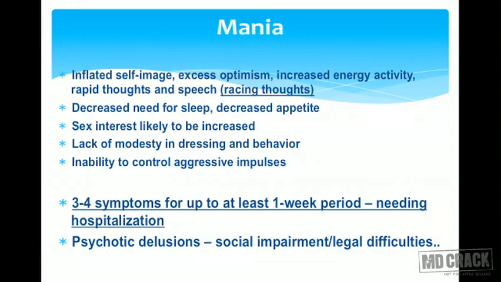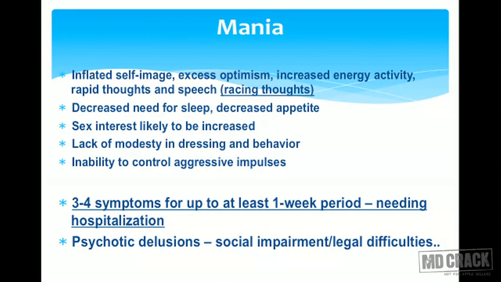What is mania? That's one pole of bipolar disease. Mania is inflated self-image, excess optimism, increased energy level and activity, and rapid thoughts and speech, which is called racing thoughts. There's decreased need for sleep, decreased appetite, sex interest is likely to be more, and there's a lack of modesty in dressing and behavior, and the patient is unable to control aggressive impulses.